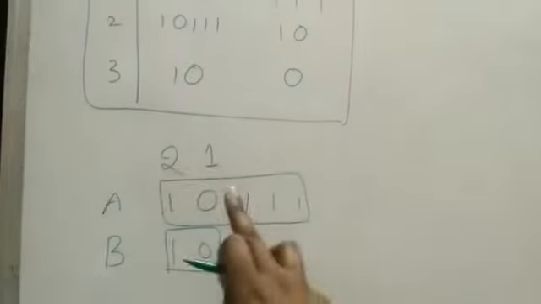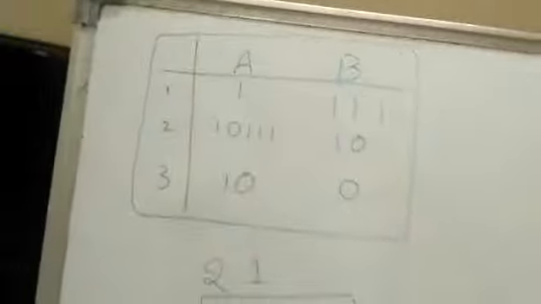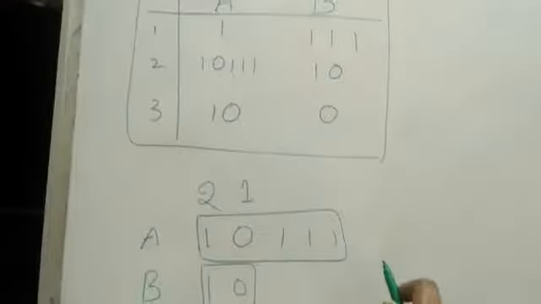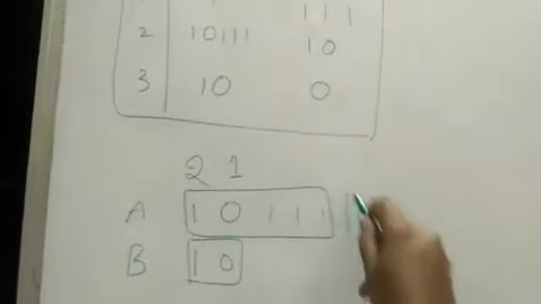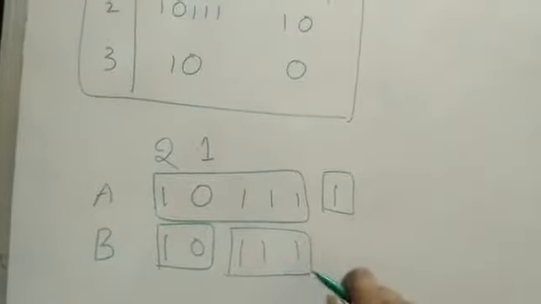When we have written 1 here, A1 I have to write as well as B1. A1 is 1, I'm writing here, and B1 is triple 1. So triple 1 I have written. These two are matched. Now one more 1 is left. Now I have to find an element in B which matches with this 1 in A.